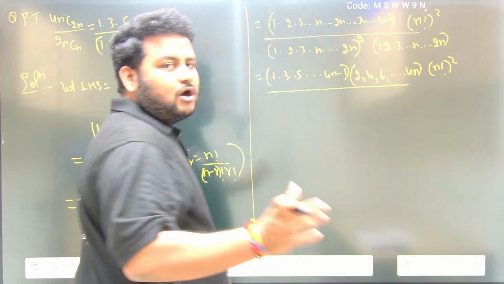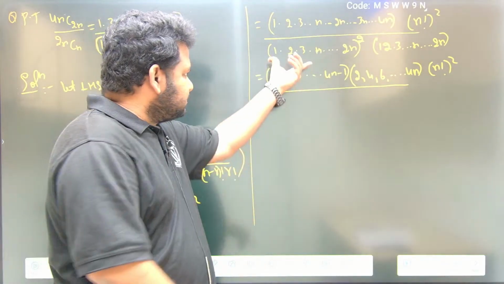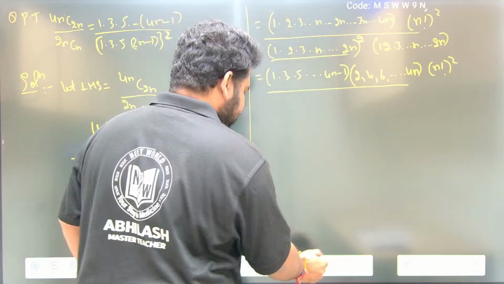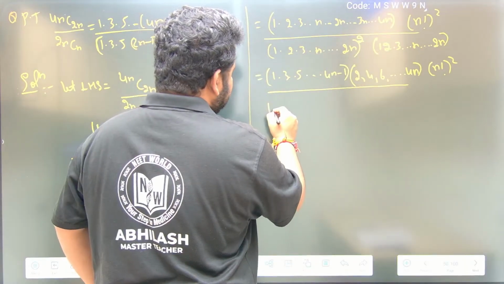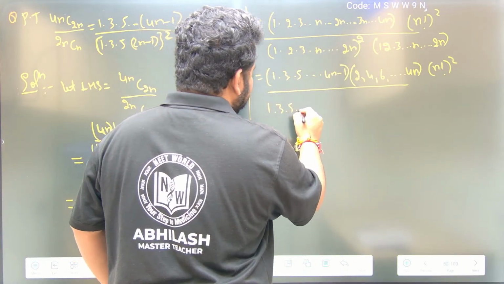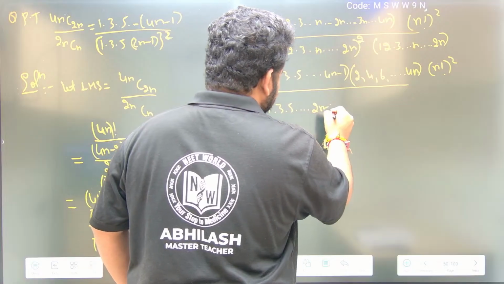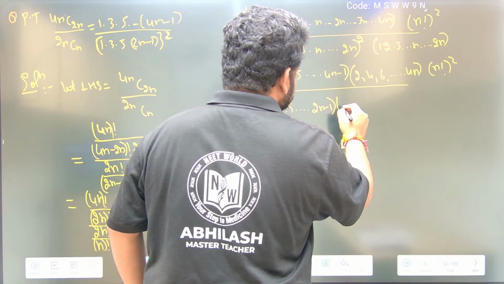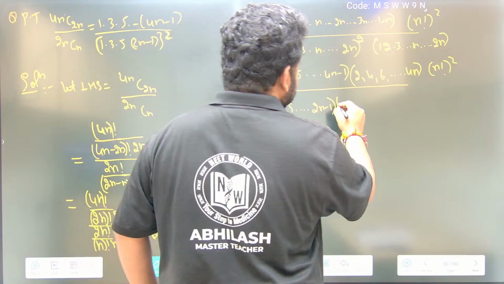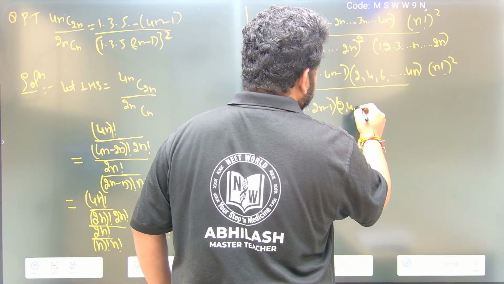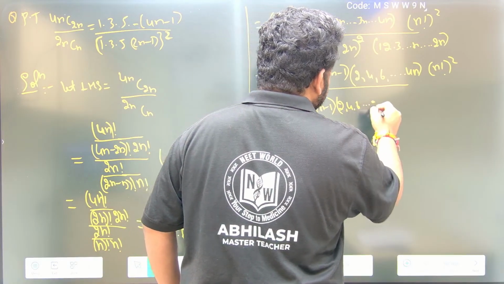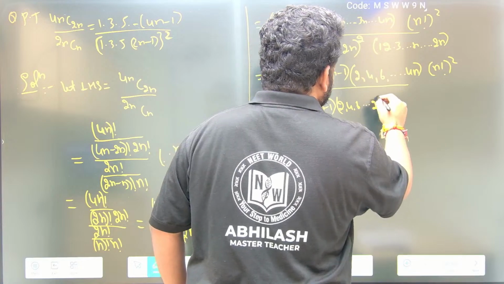Here also I can separate odd and even terms, correct? So I can write it as 1, 3, 5, up to 2n minus 1, because odd terms into even terms. The even terms are 2, 4, 6, up to 2n.